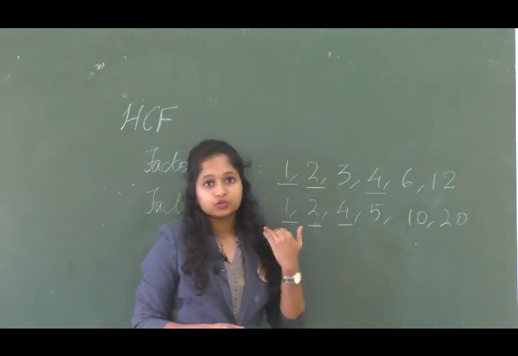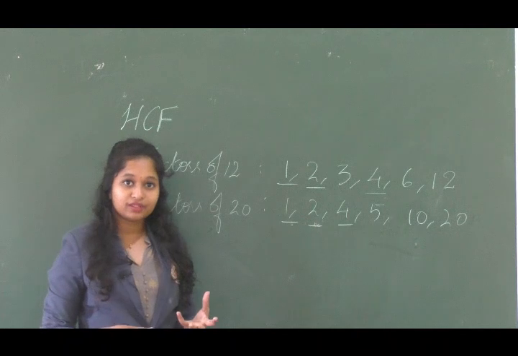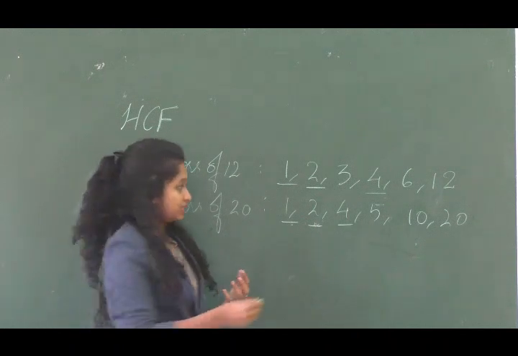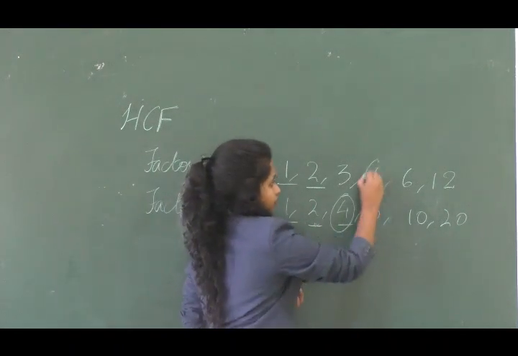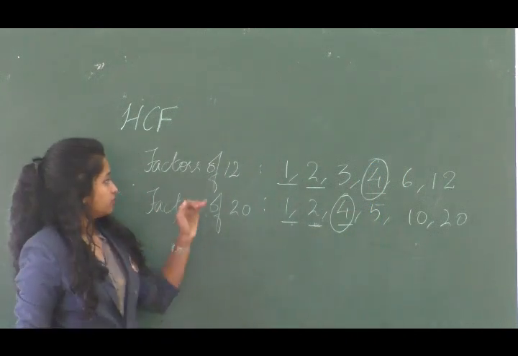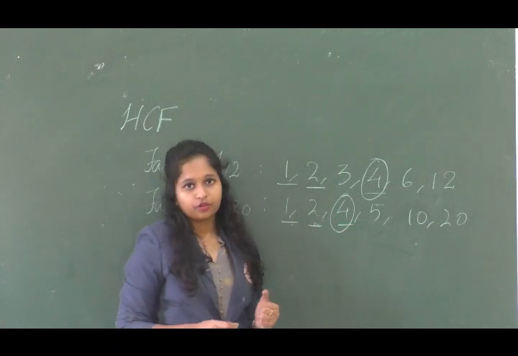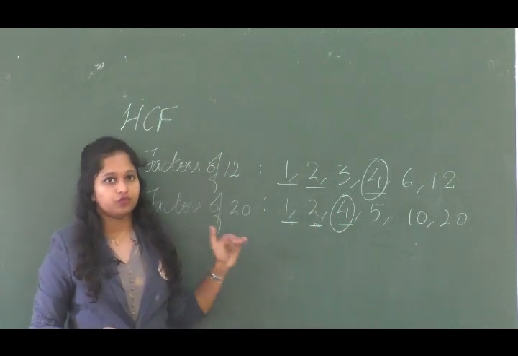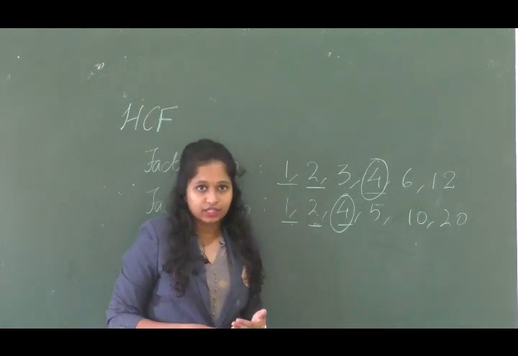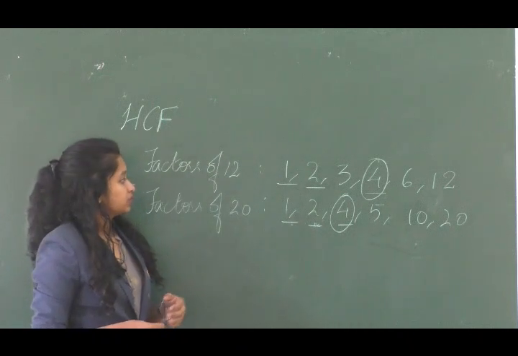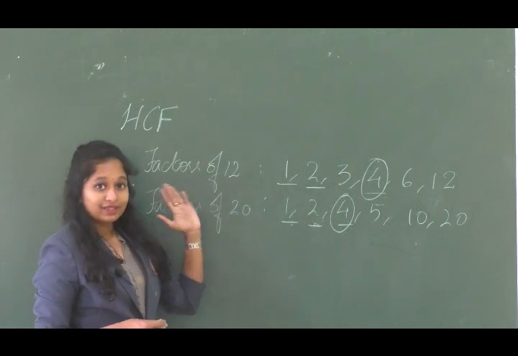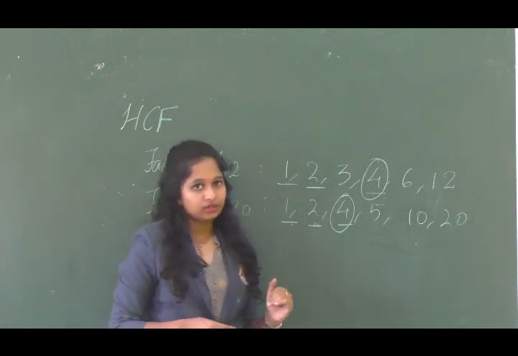So which is highest among them? Yes, it is 4. So the HCF of 12 and 20 is 4. So this is how we do HCF by listing the factors. Okay?